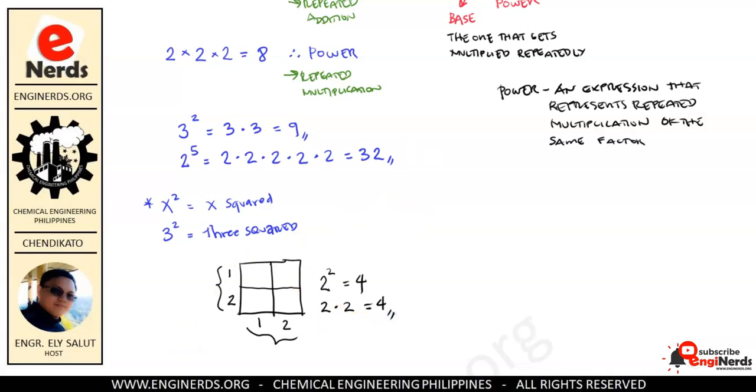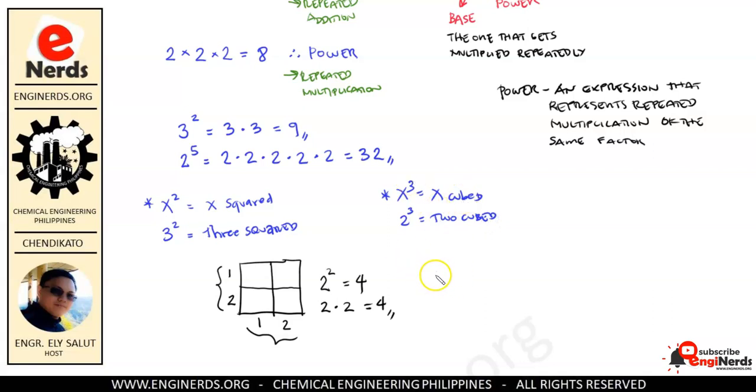And gayon din naman, if you have a number or a variable raised to an exponent of 3, you call it a cube. Let's say x with an exponent of 3, you call it x cubed. And if you have 2 with an exponent of 3, you call it 2 cubed.